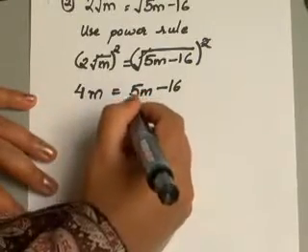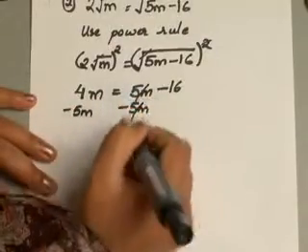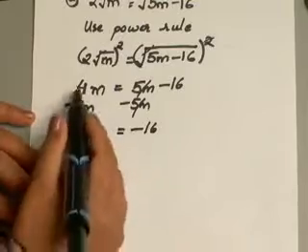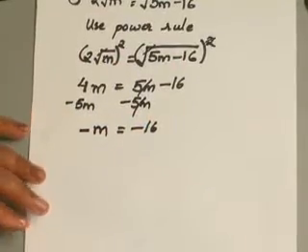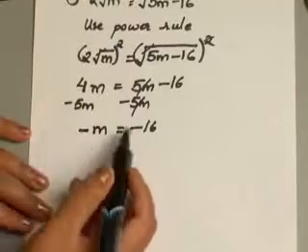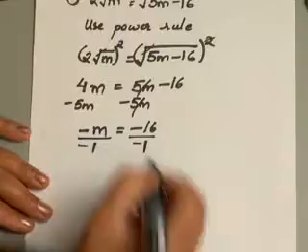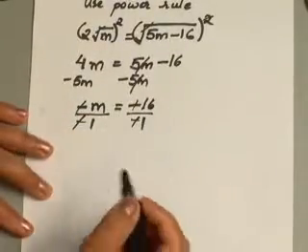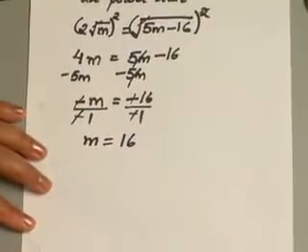So we start by moving the 5m to the left hand side, which will give us negative 16 on the right hand side, and 4m minus 5m is negative m. Now since you have a negative on the m, we divide both sides of our equation by negative 1, and that will get rid of the negative signs, and you will end up with m equals 16.